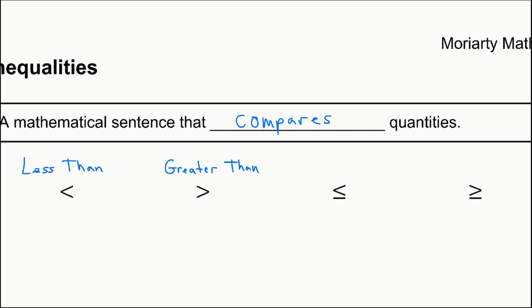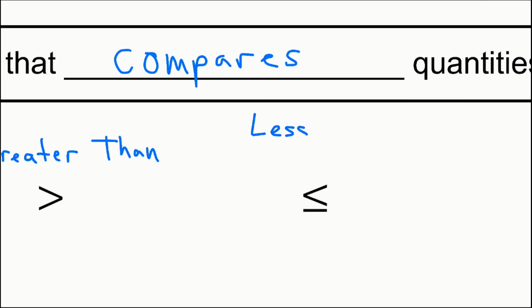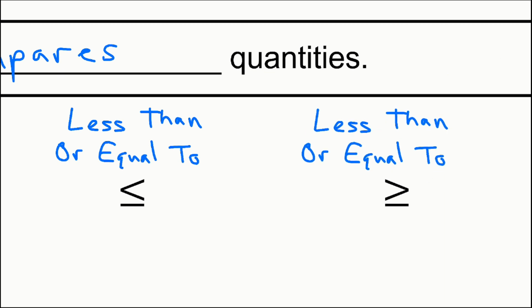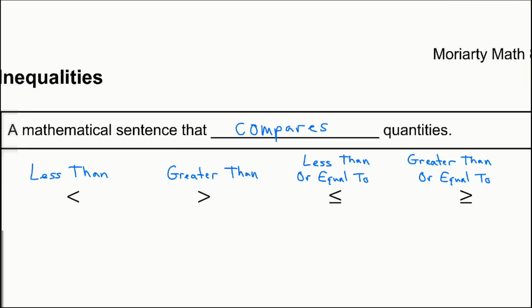So for this third one, this is going to be less than or equal to. And then the one on the right is going to be greater than or equal to. So these are the inequality signs that we need to make sure that we are familiar with.